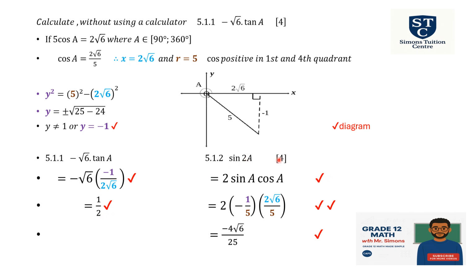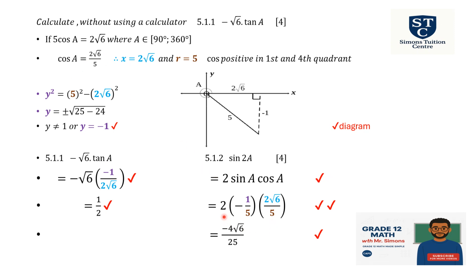Right, sine 2A, so double angle for sine on the formula sheet. You should see, or you should remember, sine 2A becomes 2 sine A cos A. Alright, sine A in this drawing, remember sine is y over r, so my y is negative 1 and my r is 5, so negative 1 over 5. Cos A we already have is 2 square root 6 over 5.